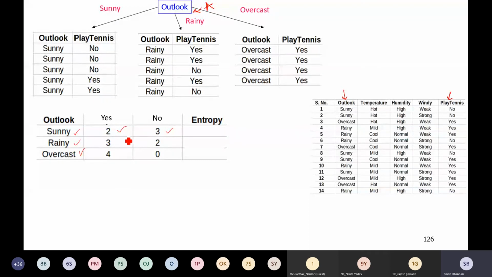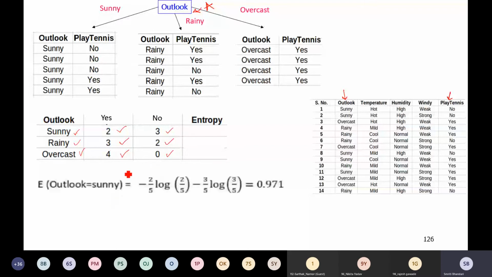Similarly, for rainy, we have 3 samples with class label yes and 2 samples with class label no. For overcast, all 4 samples have class label yes and 0 samples have class label no. So this is what we have. Now based on this data, we are going to compute the entropies.